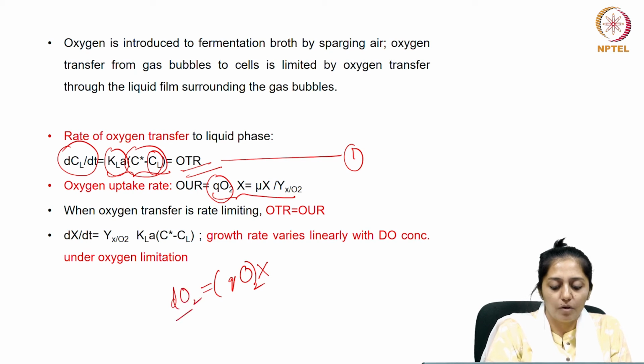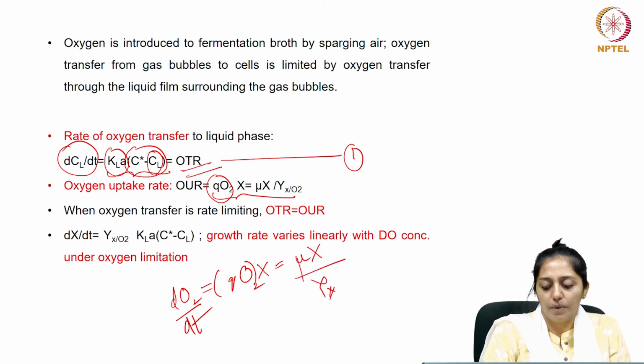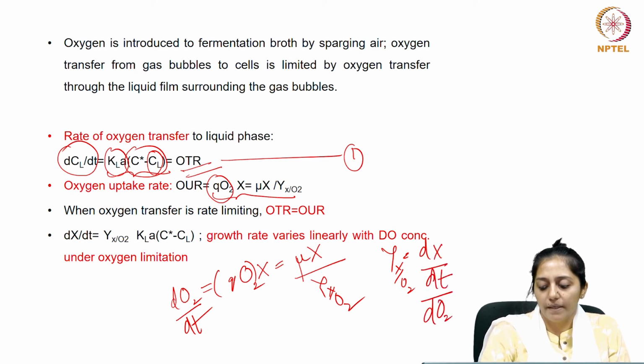The rate at which oxygen is getting consumed for growth can be equal to mu X by Y_X/O2. Now what was Y_X/O2? It can be written as dX by dt over dO2 by dt, the amount of oxygen which has been consumed for growth.